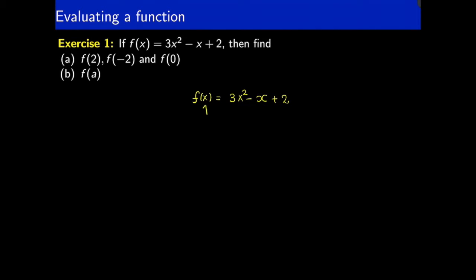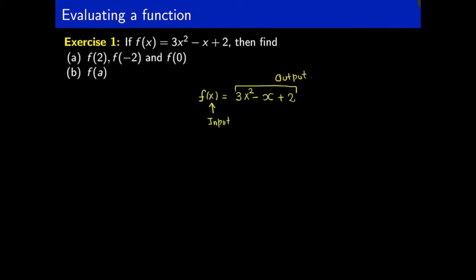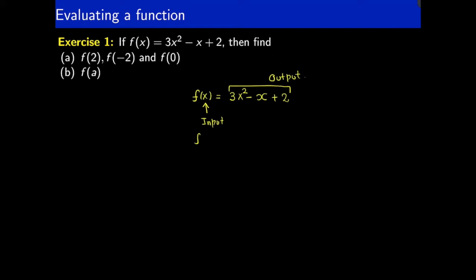Here x is your input, so this is the input variable, and that whole expression which is written in terms of x is your output. So this is the output. Our first question is, what is the value of your output if I insert 2 as the input?